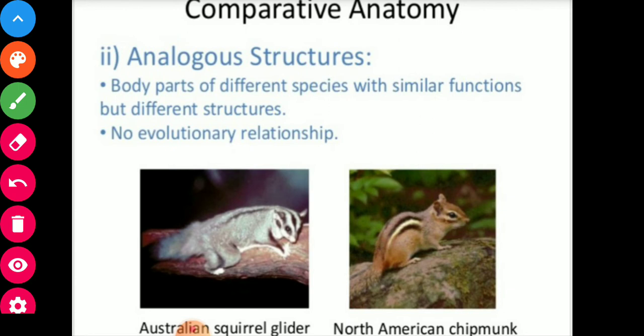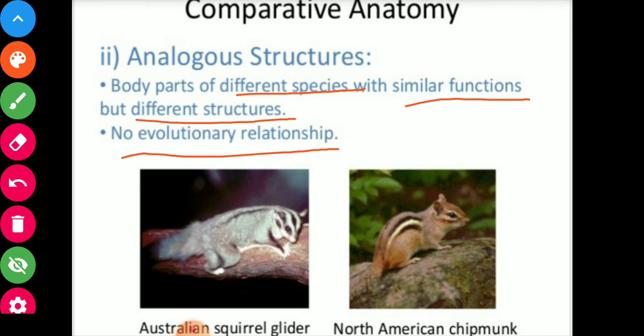See here also the analogous structures are there where they are different in structure but performing similar functions. They are called analogous structures. Body parts of different species with similar function but different structures. They are not related evolutionary, still they are having some structures which are common in function.